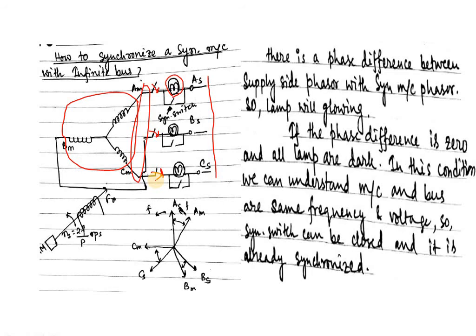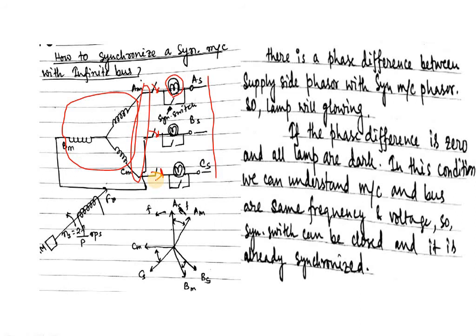So let us see. There is a phase difference between the supply side phasor and the synchronous machine phasor, so the lamp is glowing. If the phase difference is 0, all the lamps are dark. In this condition, we can understand that the machine and the bus have the same frequency and voltage.